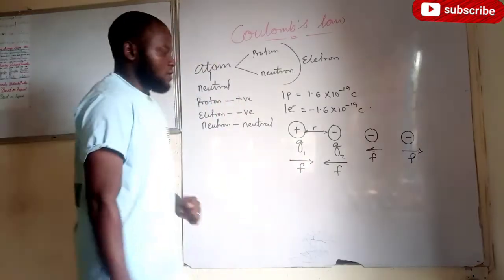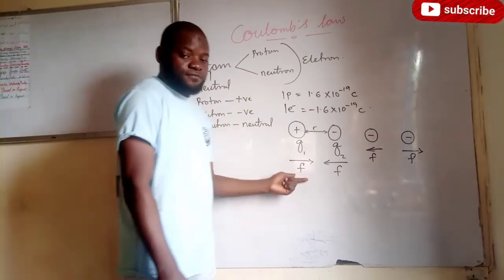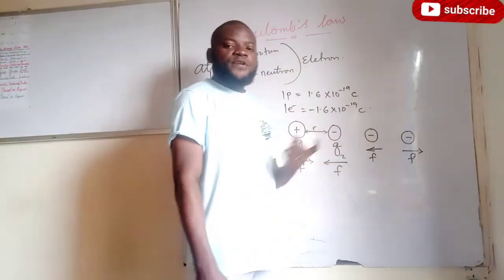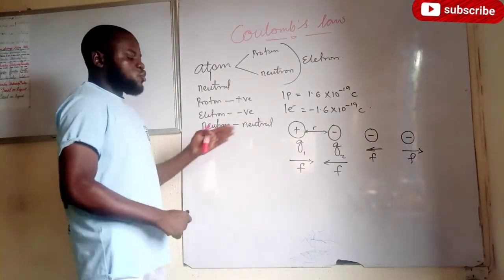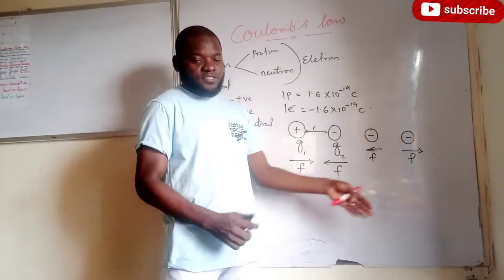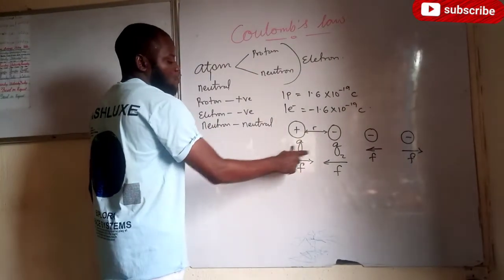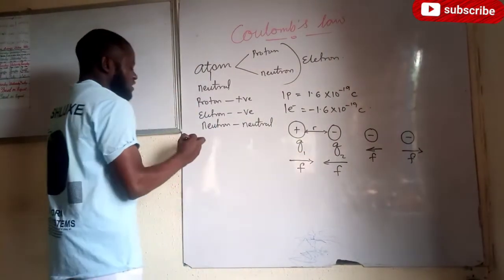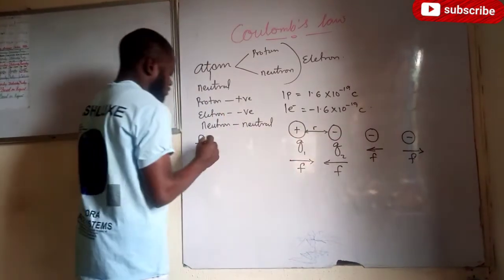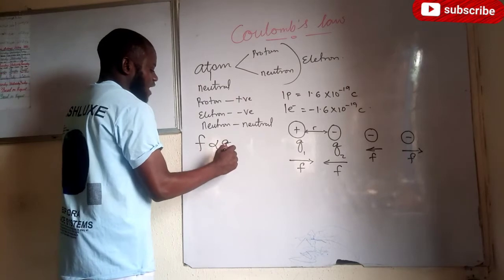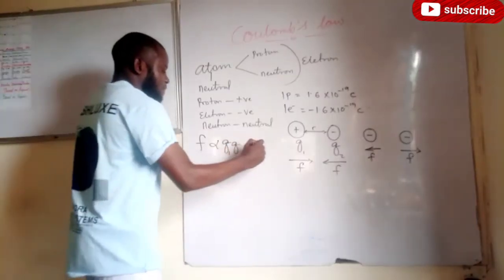Cool. What does the law state? Coulomb's law states that the force of attraction or repulsion between two charges is directly proportional to the product of their magnitude. That is, by the time I take the product of the magnitude of Q1 and that of Q2, this force, either that of attraction or that of repulsion, is proportional to their product. Are we together now? That is the first part of the law.